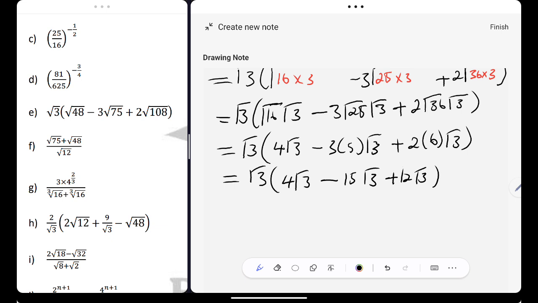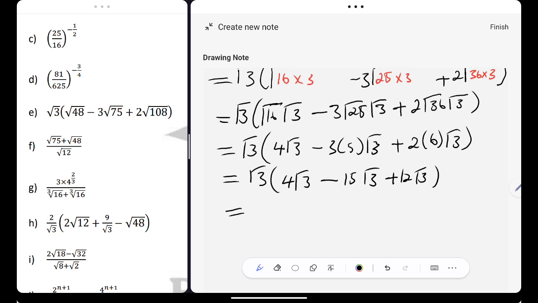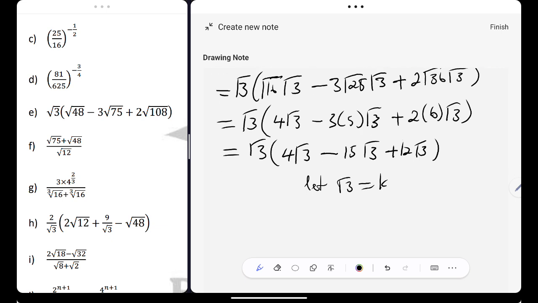Are we together? So here in this case, if you don't see clearly, guys, I can just say 4 root 3 plus 12 root 3 is 16 root 3, minus 15 root 3, then I'll get root 3. But all I'll do is just to make things simpler. When I get here, I'll just let the square root of 3 be equal to k.